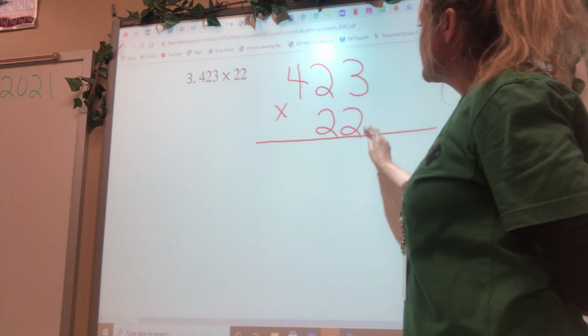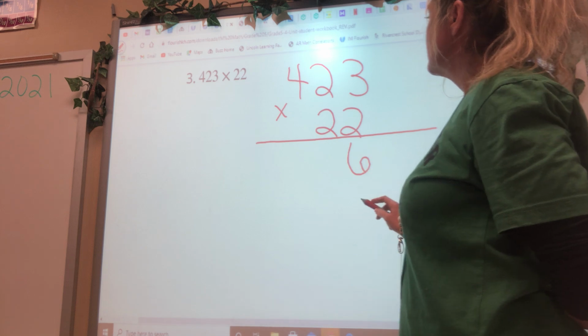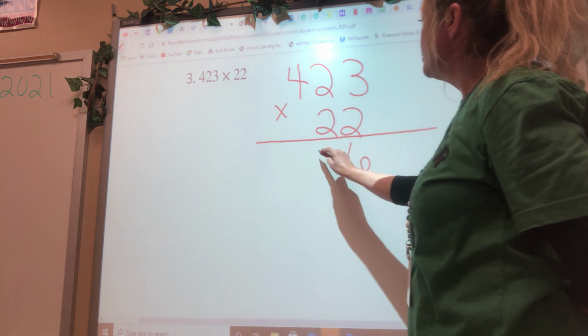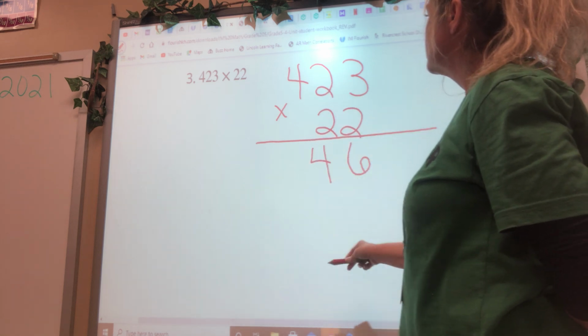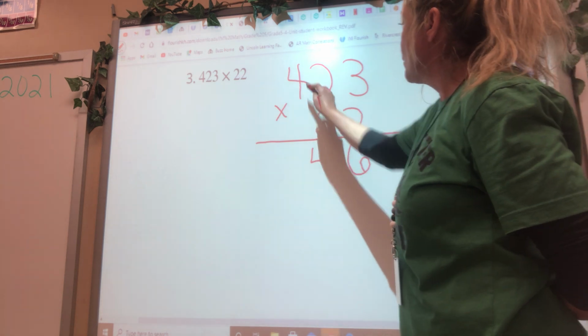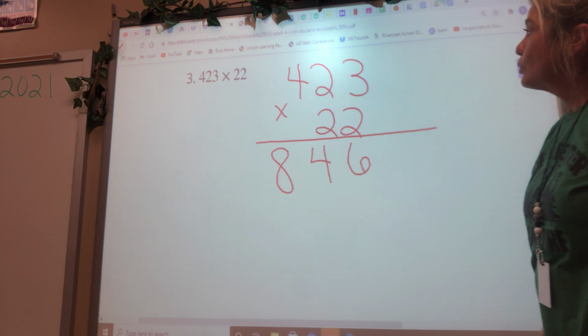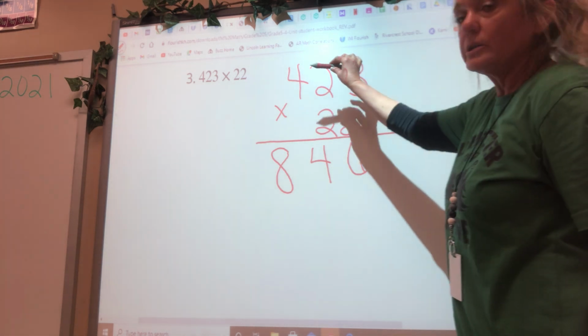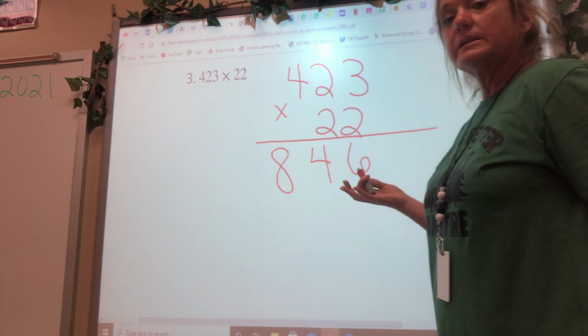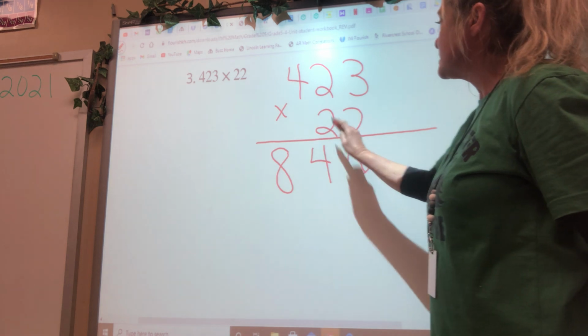And we multiply that times each digit in the top number. So 2 times 3 is 6. 2 times 2 is 4. 2 times 4 is 8. So we've multiplied it times each digit on top. So now it's time to move on to what's in the tens place.